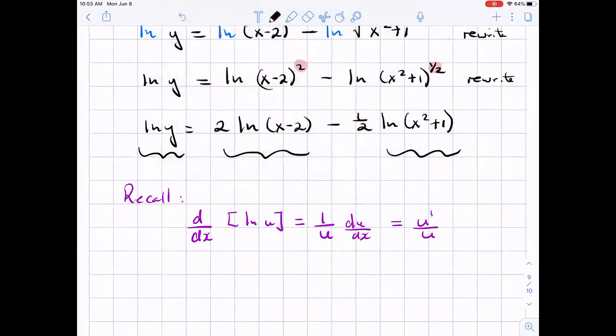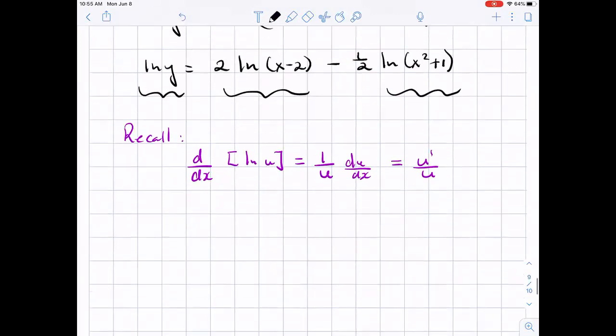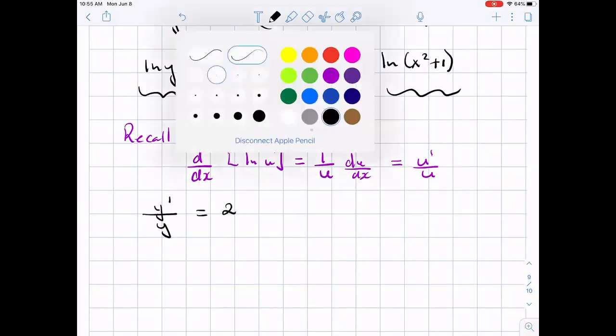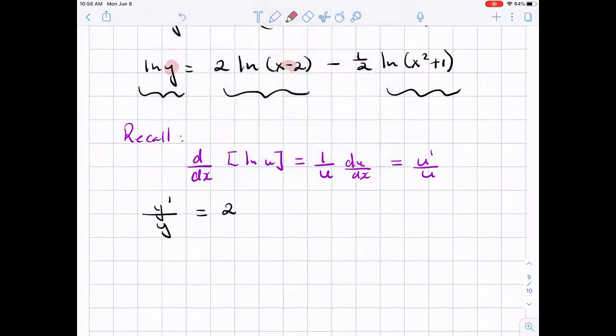here, we have something totally different now. So ln of y, here is my u, becomes y prime over y is equal to 2. Here is my u, this is my u, and this is my u here.